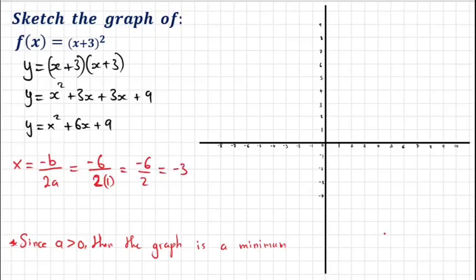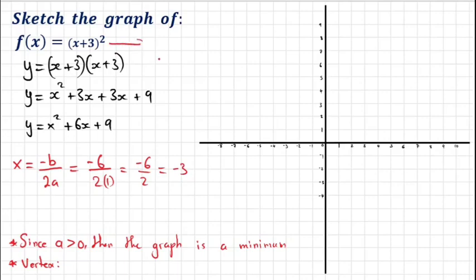So that's another description: the vertex. The x coordinate of the vertex is negative 3. Now let's find the y coordinate of the vertex. We can simply substitute it in the original.